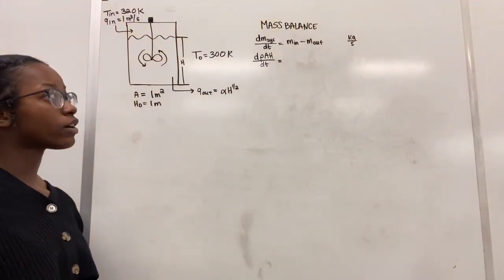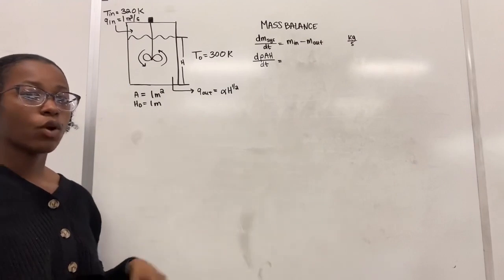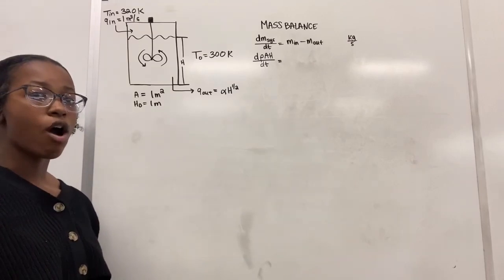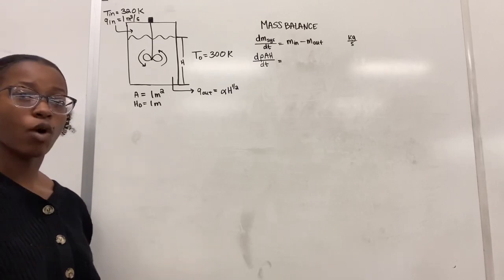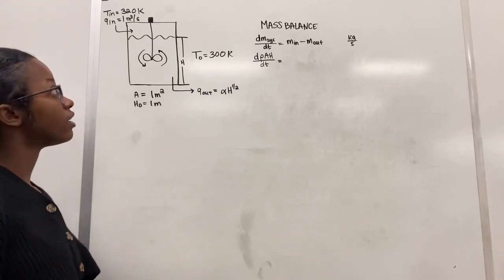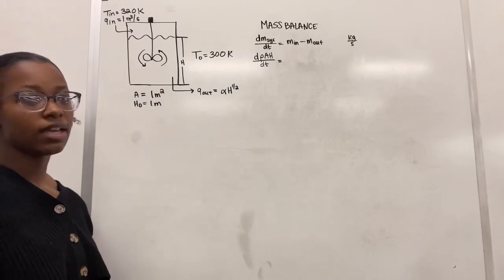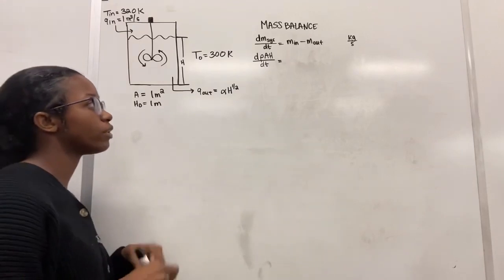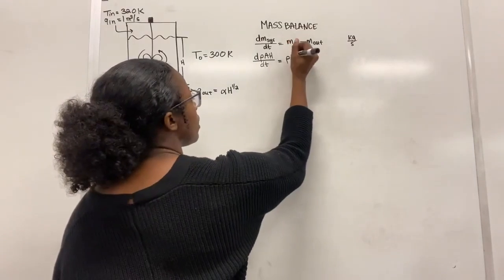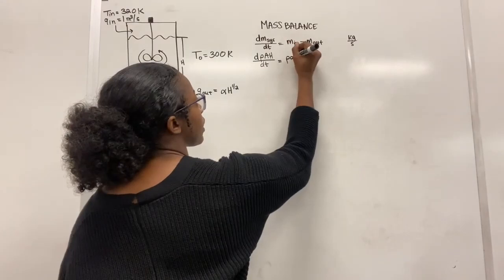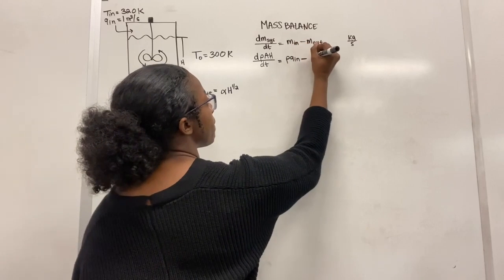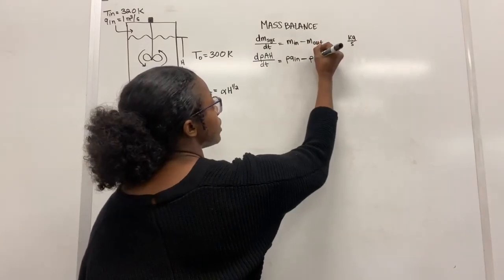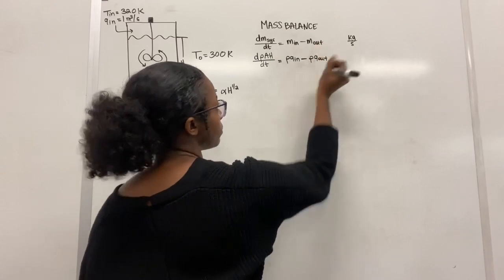And for our terms on the right, we'll know that the mass coming in and the mass going out are both the density of water times the flow rate coming in and the flow rate going out respectively. So the mass coming in is equal to the density times the flow rate coming in minus the mass going out, which is the density times the flow rate going out.